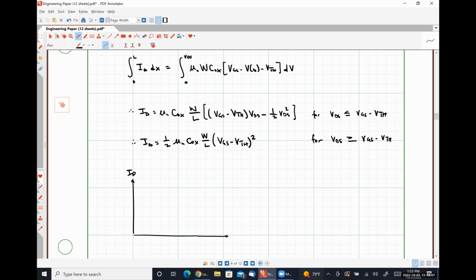So here is our drain current. Here is V_DS. Make sure I'm drawing this correctly.